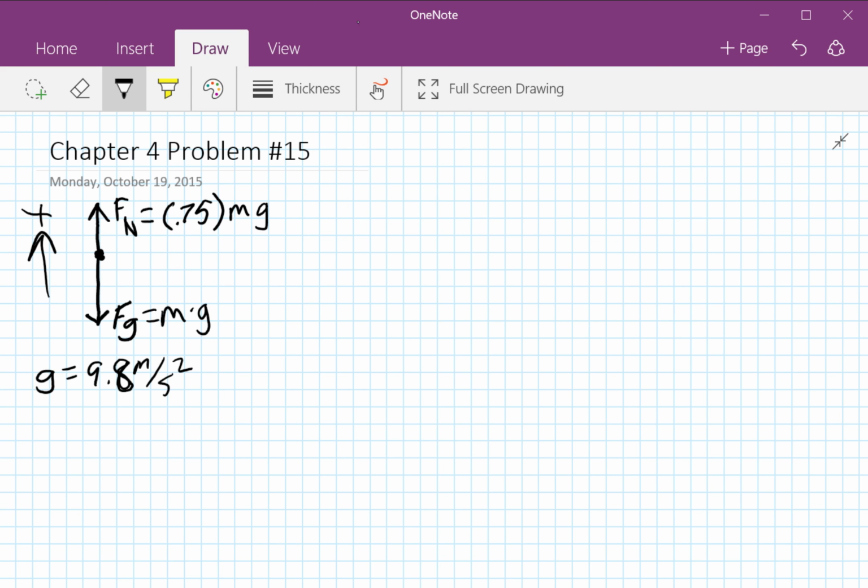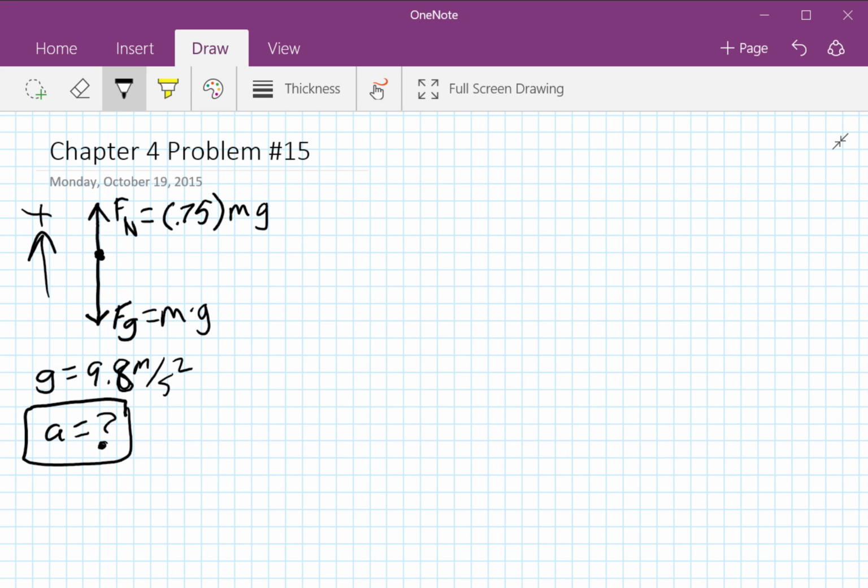And we're trying to solve for a, the acceleration of the elevator.